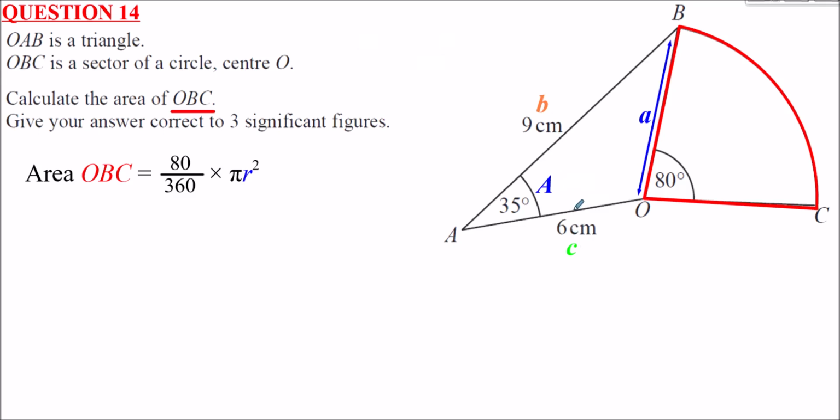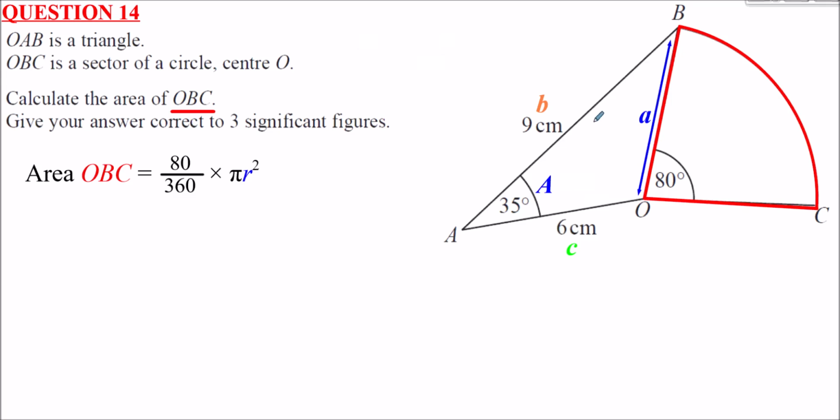So is it going to be the sine or cosine rule we're going to be using? Well, the sine rule is used when we know an angle and a side opposite to it. We don't know that. We know this angle, we don't know that side. We know this side, but not this angle. So if we don't know a side and its angle opposite to it, it's got to be the cosine rule.